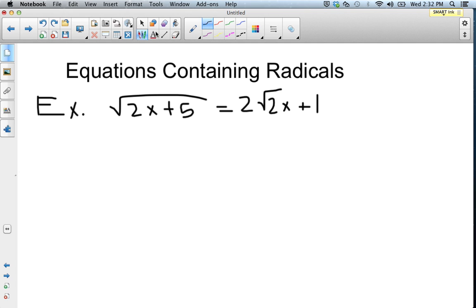Now the technique here is a little bit different because you can't just isolate a radical because you have two radicals. So what you're going to do is make one radical on one side of the equation and the other radical on the other side.